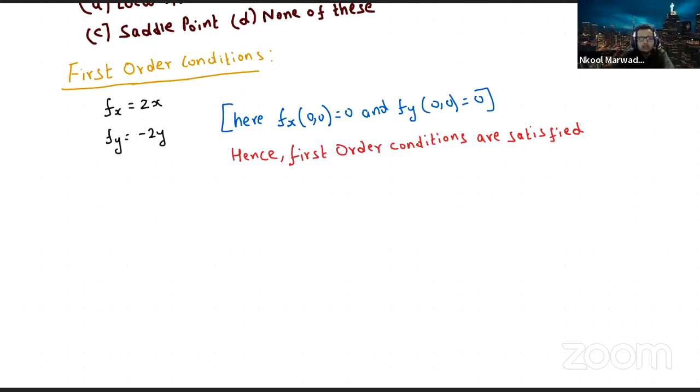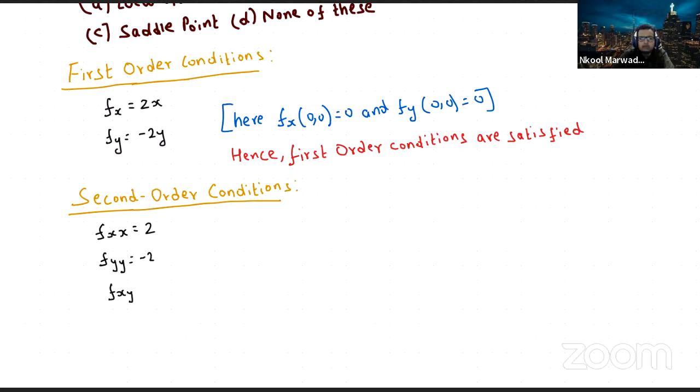Now we will check for second order conditions. For second order conditions, we have to find f of xx, that will be equal to 2, f of yy, that will be equal to minus 2, and f of xy, that will be this.